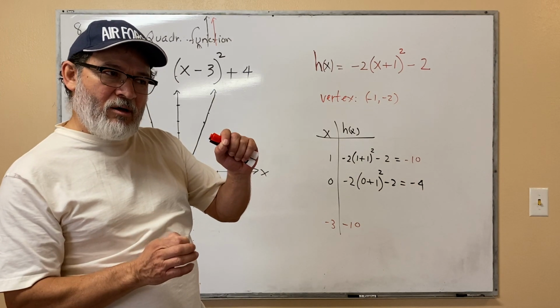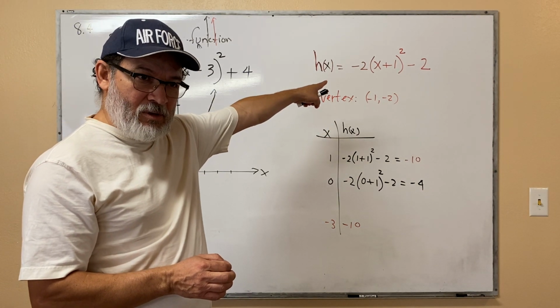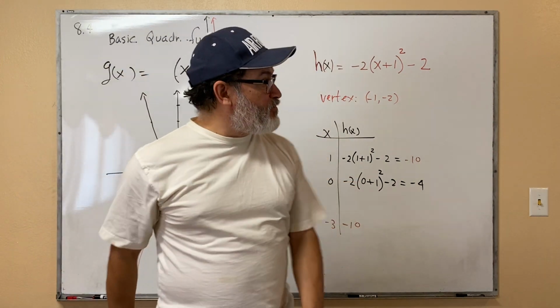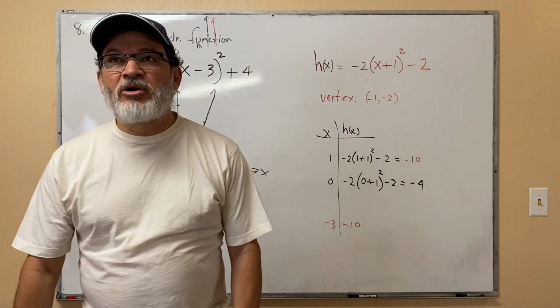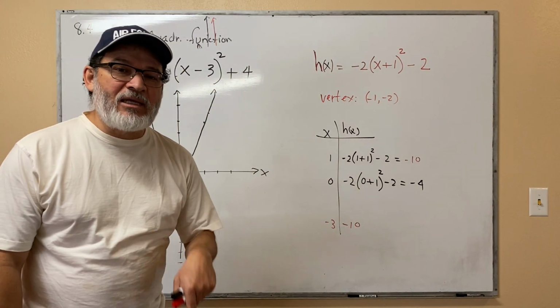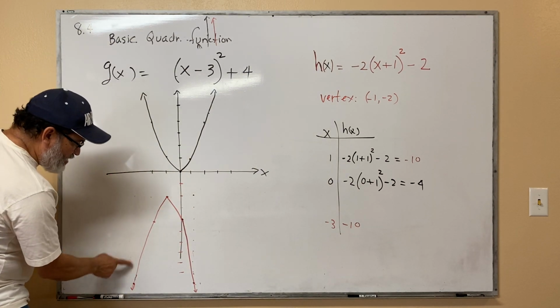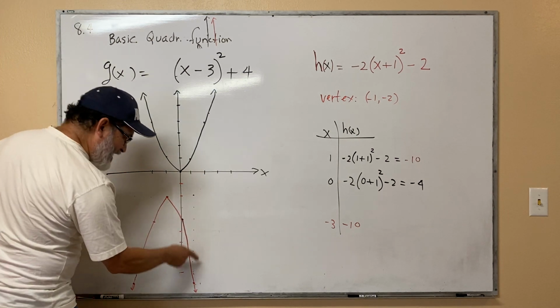Take that 4, multiply by negative 2. So what's 4 times negative 2? Negative 8. So in this parabola, from the vertex, twice to your left, 8 down, right there. Twice to your right, 8 down.